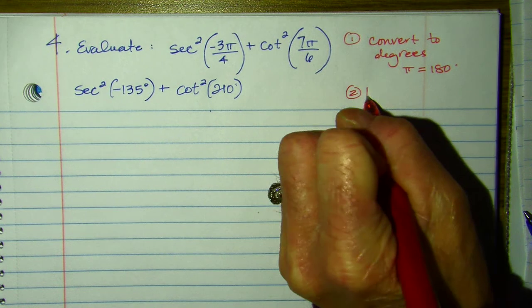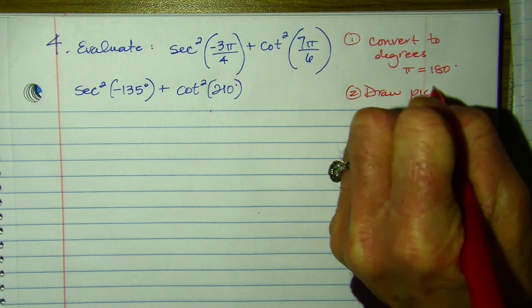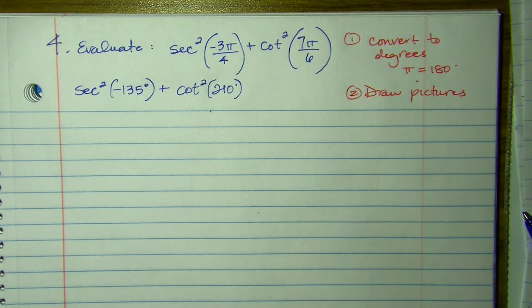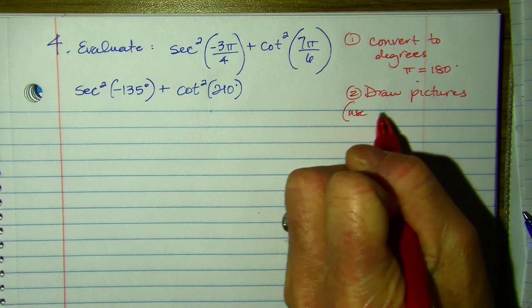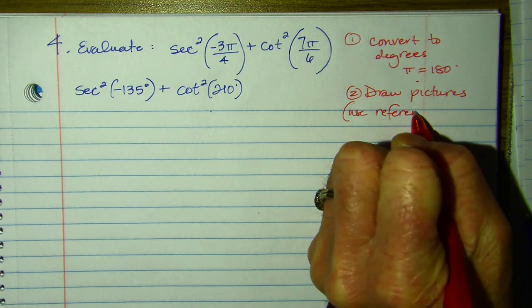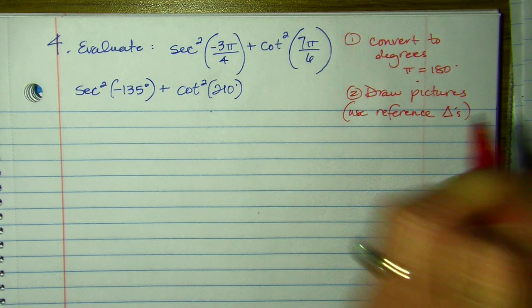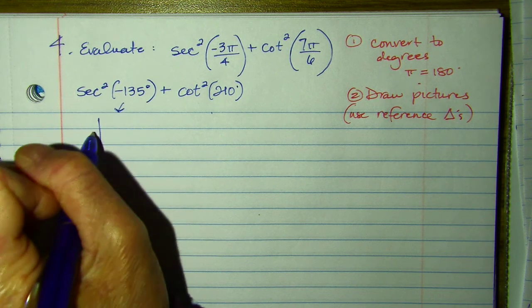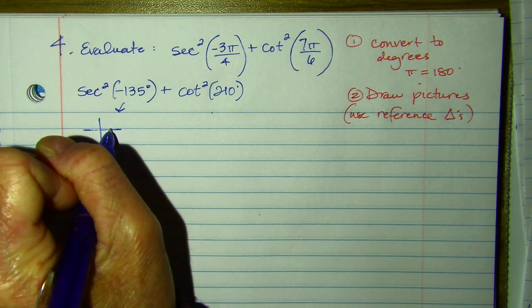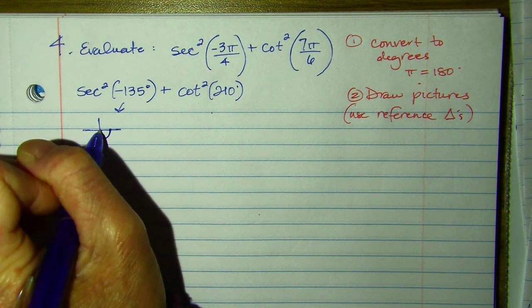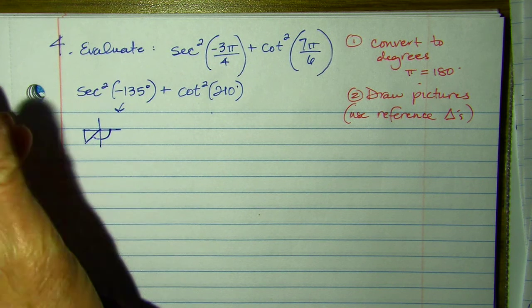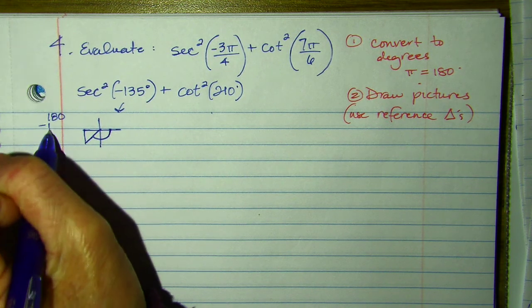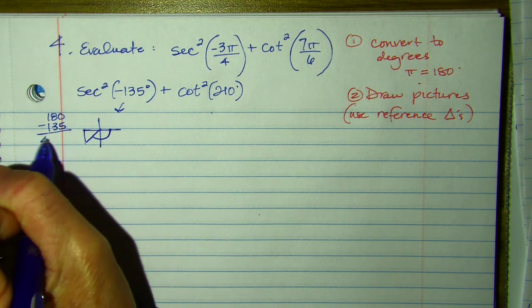Okay, so now the second thing is draw pictures. Okay, and I'm going to use reference triangles. So negative 135 would be clockwise, and it wouldn't be to 180, it'd be here. 180 minus 135 is 45 degrees.